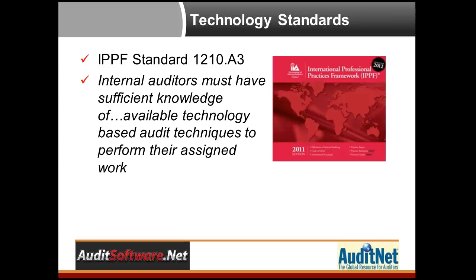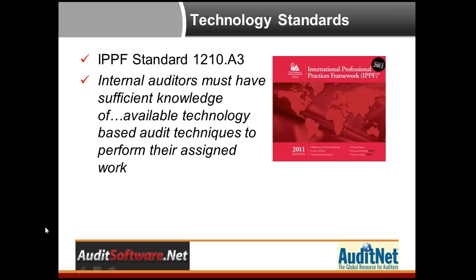Obviously, the IIA has put out a number of standards related to the auditor's role in the detection of fraud, as well as technology issues. In 2009, the IIA updated the standards, requiring that auditors must build fraud risk assessment into their audit plans, and they issued subsequent guidance.